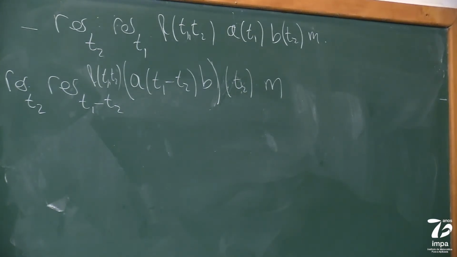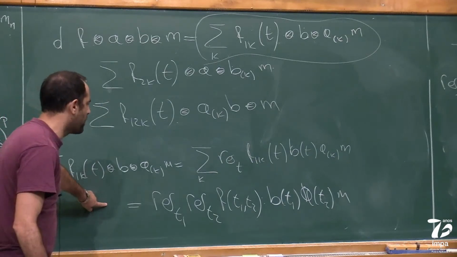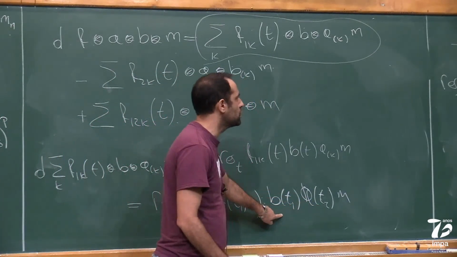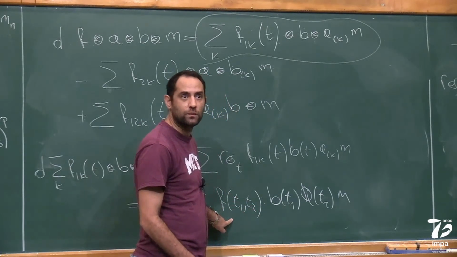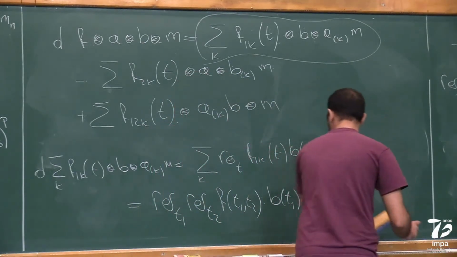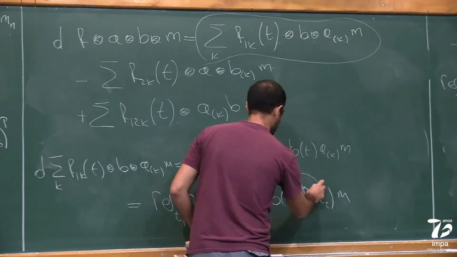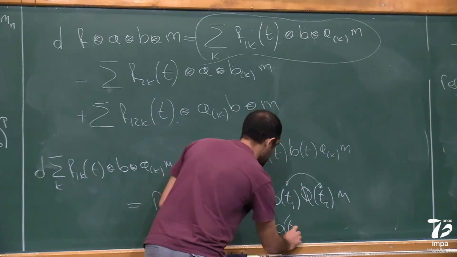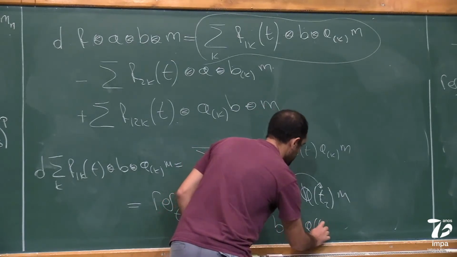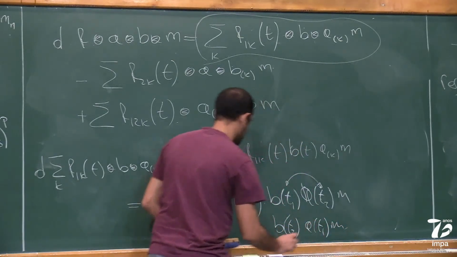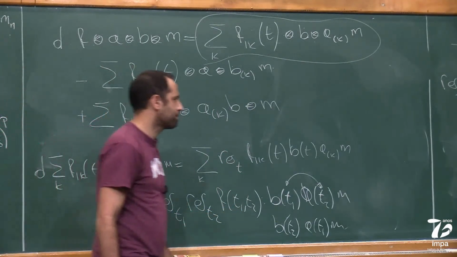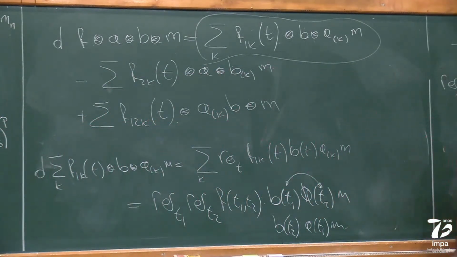And I may have screwed up at some point here because what I want to get is not this sum. I want to get here T1 and here T2, and here still f of T1, T2. So find where I screwed up these two guys. Here I should have gotten B of T2, A of T1, applied to M, without changing f of T1, T2.